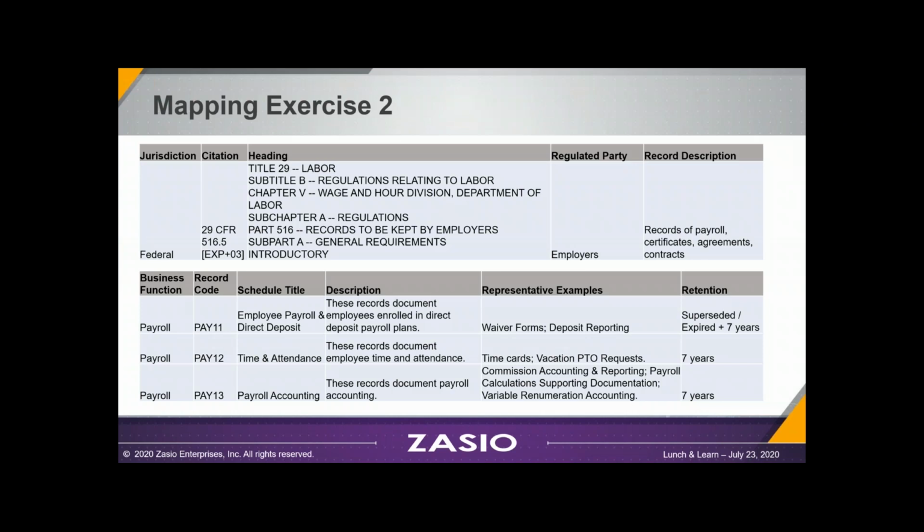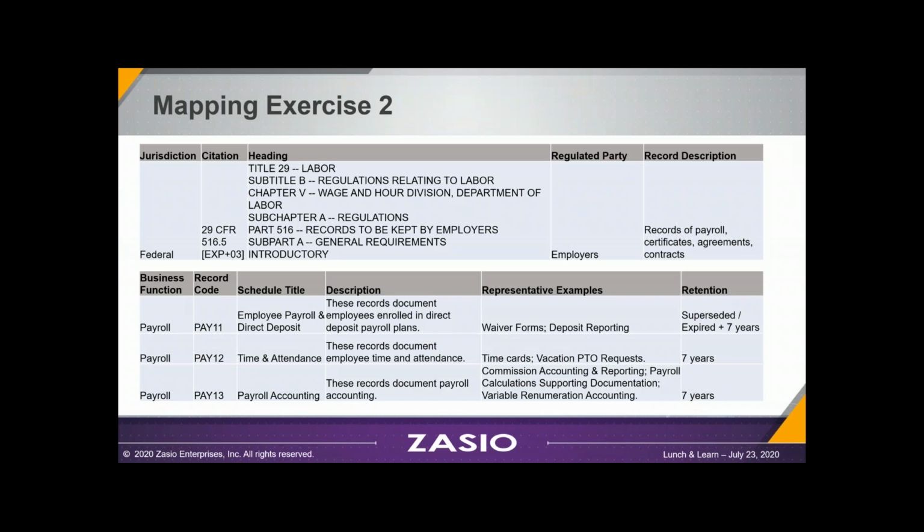And we see that the description is records of payroll, certificates, agreements, and contracts. So immediately this keys me off to, oh yeah, let's go to our payroll function. I'm drawing that distinction there, so this is where I want to link it. I go to the payroll function, and I also see we've got various record series: payroll accounting, employee payroll and direct deposit, and also time and attendance.